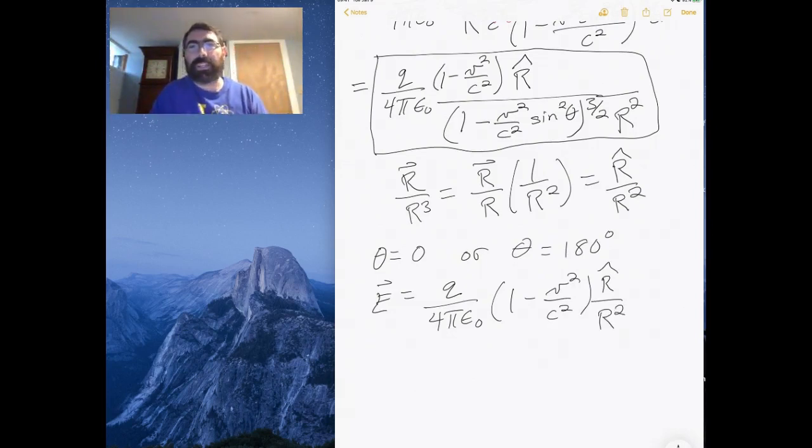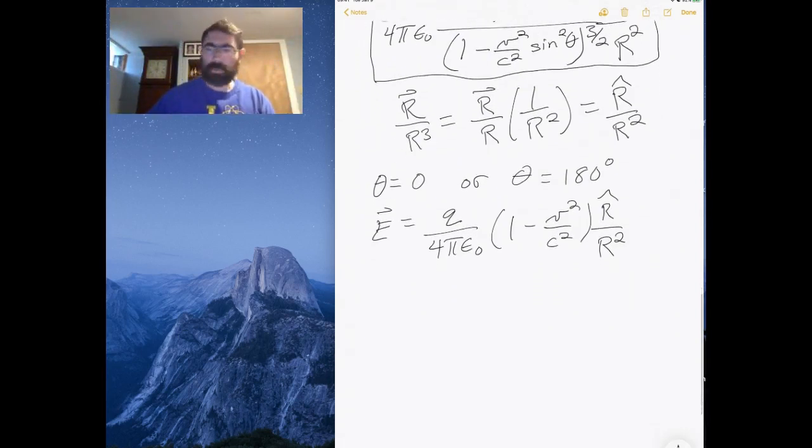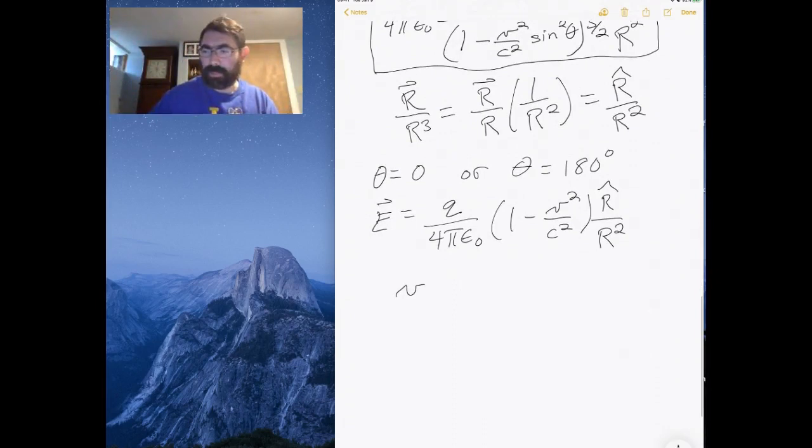So again, it looks like pretty much Coulomb's law, but now I've got this 1 minus v squared over c squared term. So if v is much, much less than c, then we really get Coulomb's law.